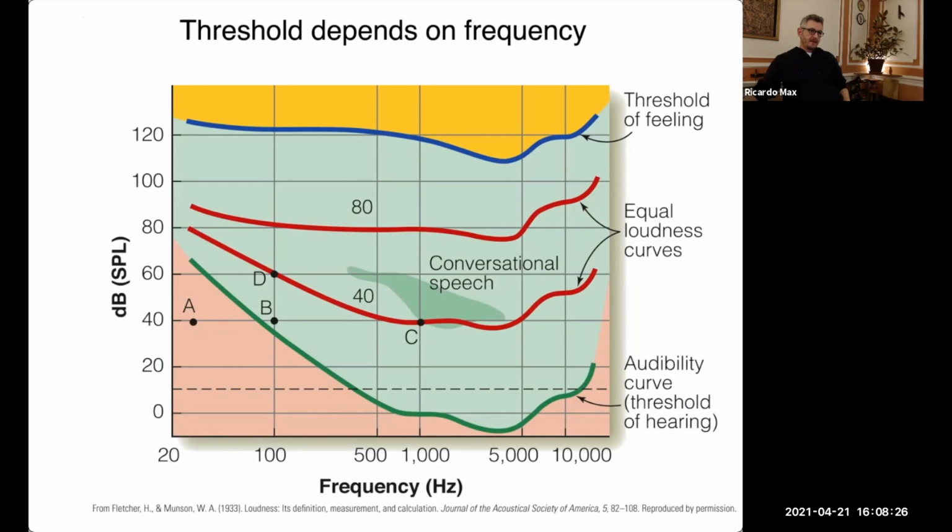And this is complicated, we will spend some minutes talking about this here. What we have here, first of all, on the abscissa we have frequency. Here it starts with, we hear from around 40 hertz.